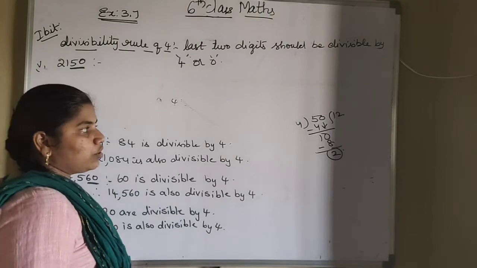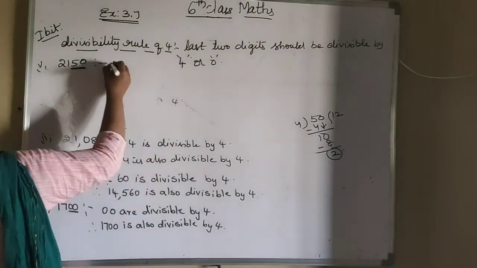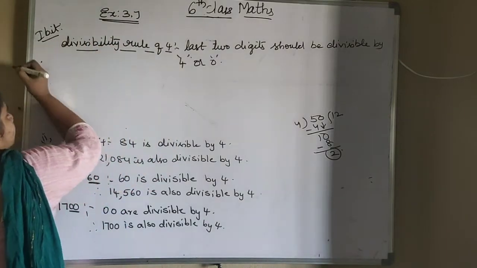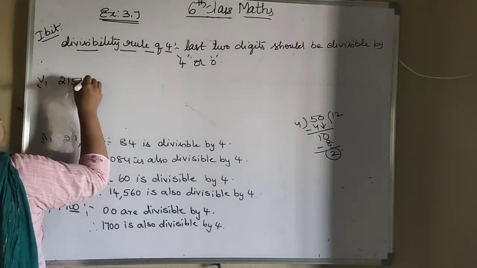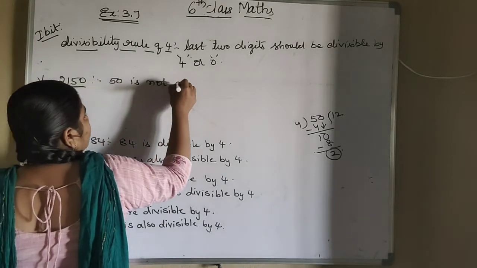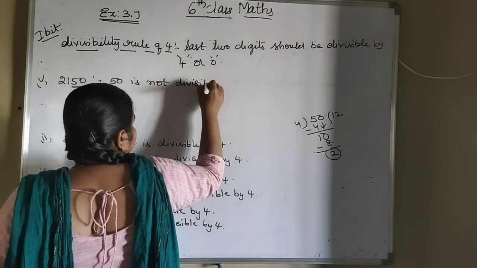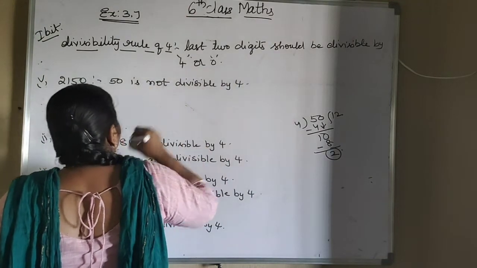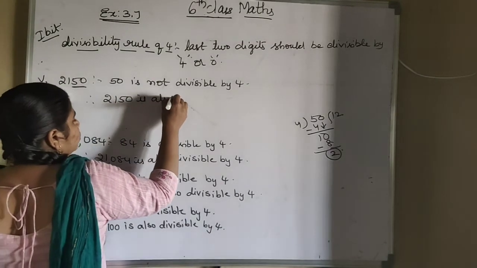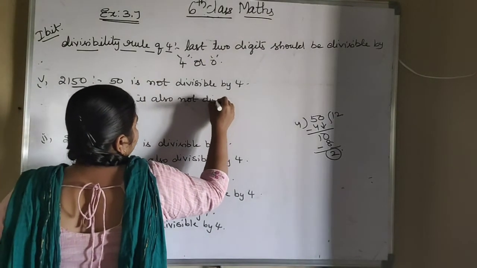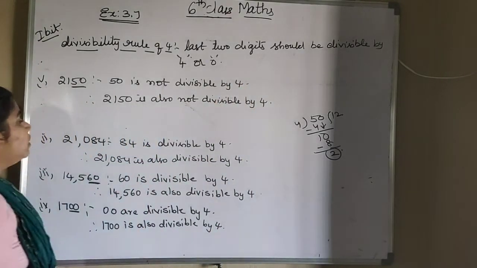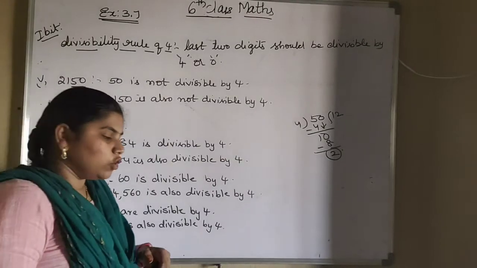That means 50 is not divisible by 4. Therefore 2150 is also not divisible by 4. So this is our first bit about the divisibility rule of 4.